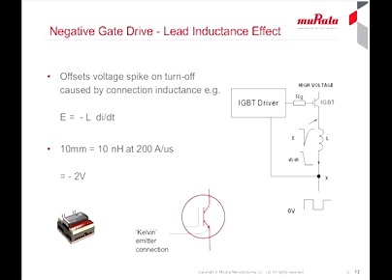If the inductance is between the device and the reference point for the driver, as shown in the slide, the voltage transient acts to oppose the gate off voltage and tries to turn the power device on again. At best, this can cause loss of efficiency and at worst, shoot through, which can cause extensive damage and system failure. To put a scale on it, you only need 10 nanohenries of inductance to produce a transient of 2 volts with 200 amps per microsecond. This is only about 10 millimeters of tracking.